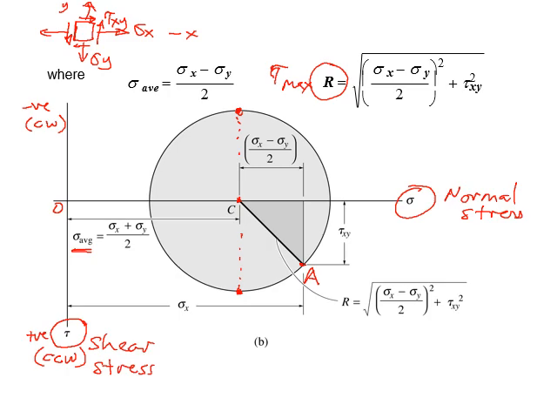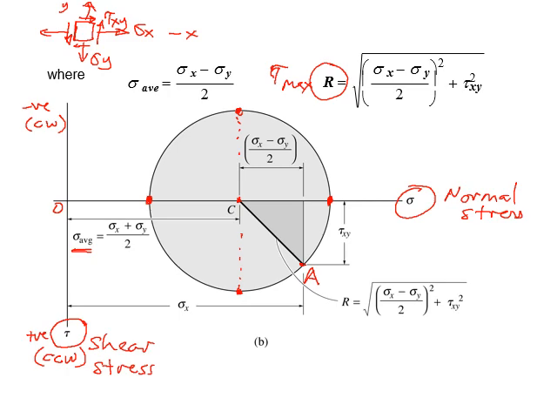The other thing you can notice from this graph is that since the horizontal axis is the normal stress, the largest or maximum normal stress value will be the point on the horizontal axis, and the smallest value for the normal stress will be the point on the left of the circle on the horizontal axis.